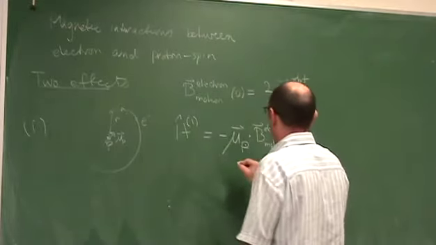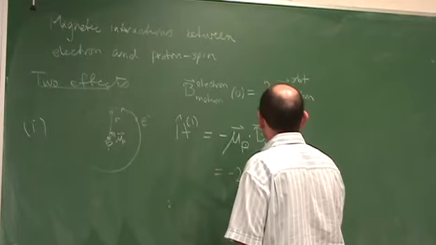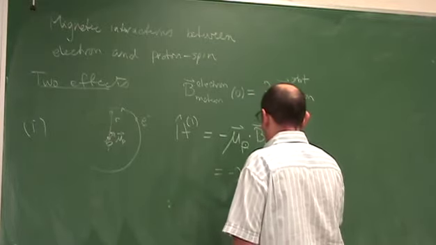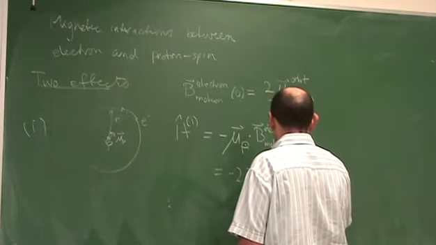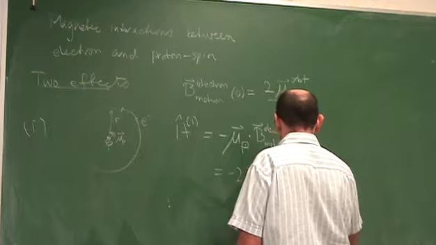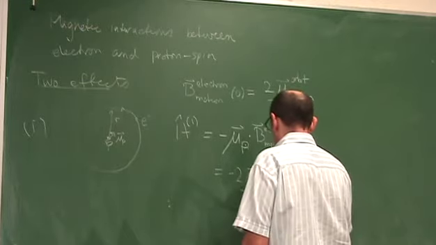And that is equal to minus 2 mu proton dot mu electron orbit over r cubed.